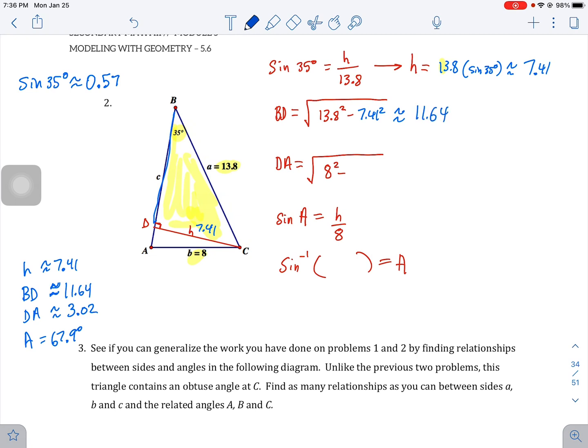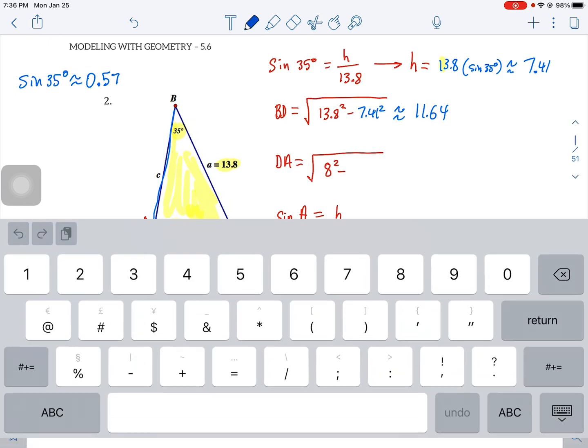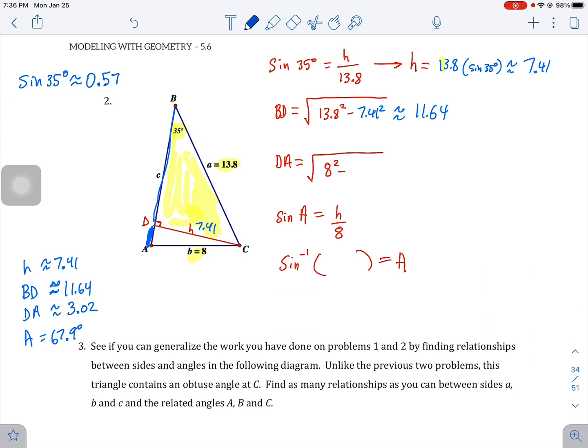I can also use that height and Pythagorean theorem to find AD, which is this section of this right triangle. It'd be 8 squared minus 7.41 squared. And that's approximately 3.02 units.